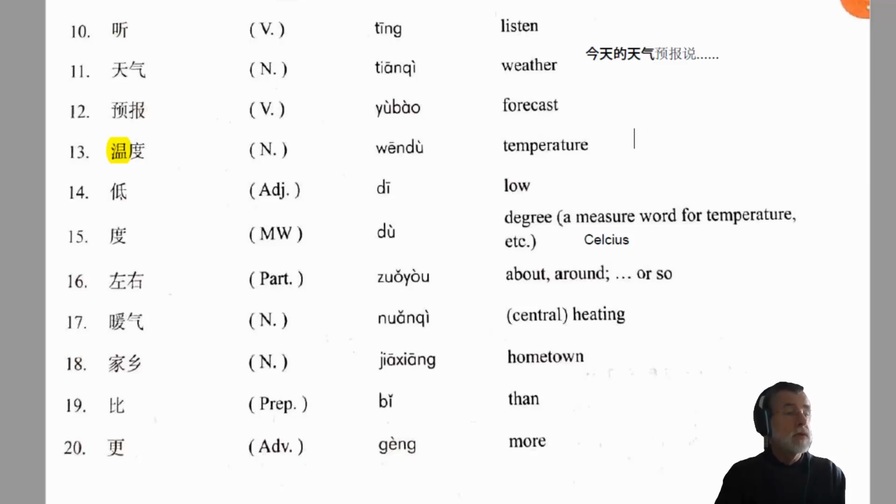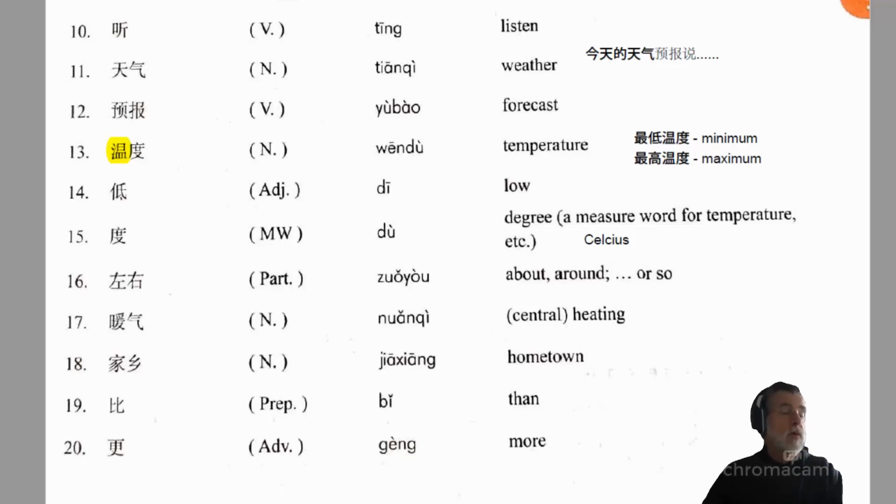最低温度 or 最高温度. So I'm pretty sure you can work out what that is. 最低温度 is the minimum, and 最高温度 is the maximum.